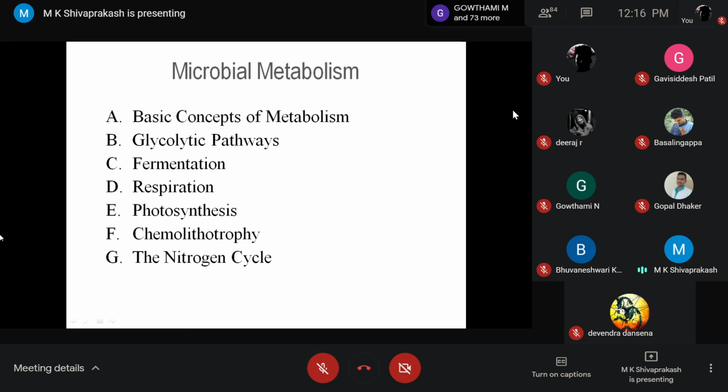So electron donors and electron acceptors. In between, you have the biocatalysts, the enzymes. So all these biochemical reactions that happen in metabolic activities, whether catabolism or anabolism, are oxidoreductive reactions.